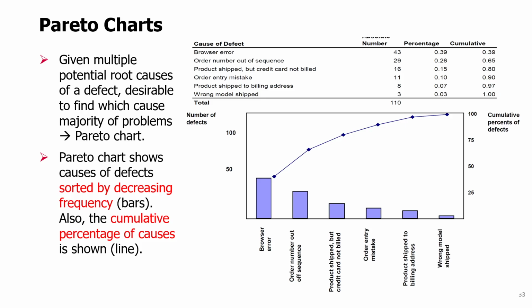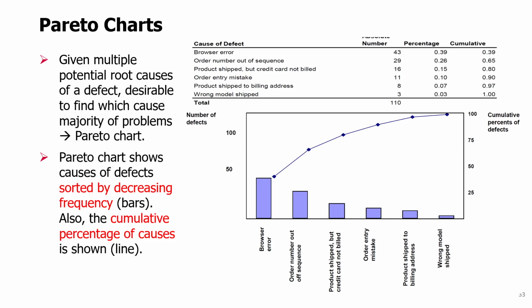Of course, it requires some extensive studies. Once we find out for all the defects that we studied what the actual cause behind each defect was, then it's a good idea to use a Pareto chart to determine which of those causes are more frequent and which are less.